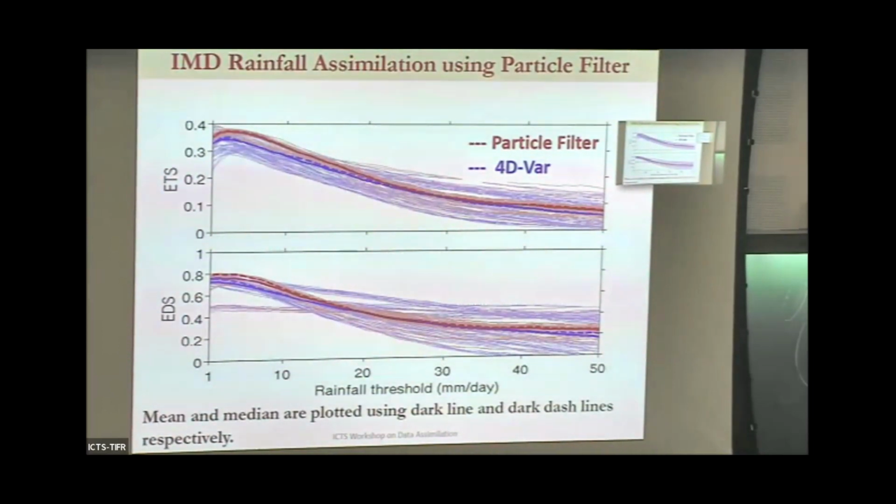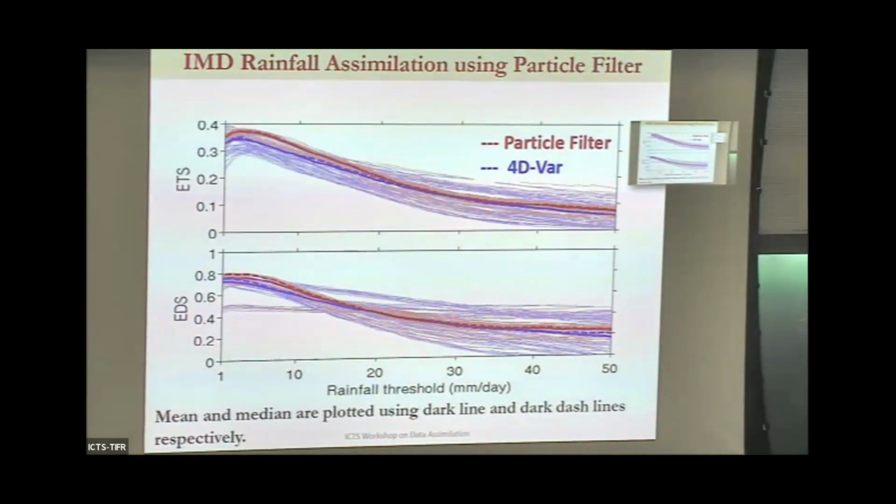But in this particle filter, we again use the same thing. We assimilate the 6 hour rainfall, modify the weights, and do it like this at every time step. I performed this experiment for a month-long period, because I also want to check up to what time period this procedure is valid.